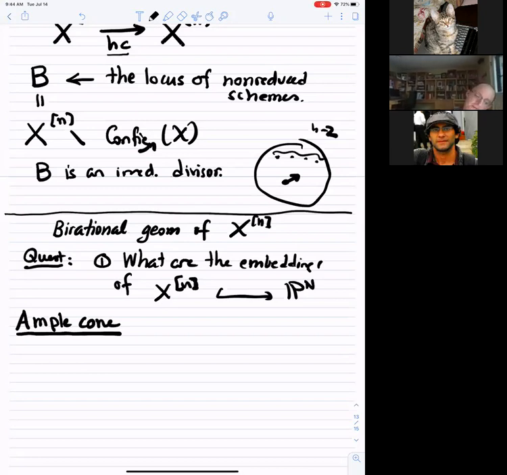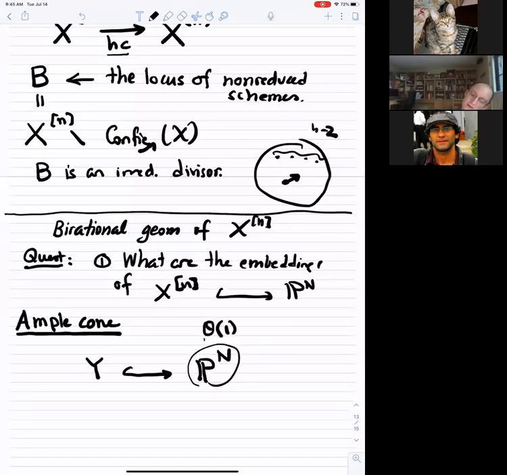Now let me remind you what it means to be ample. Let me first tell you what very ample means. Suppose that you have a variety Y and you embed it into projective space. Then this projective space has a line bundle O(1), whose sections are the linear polynomials on projective space, right?